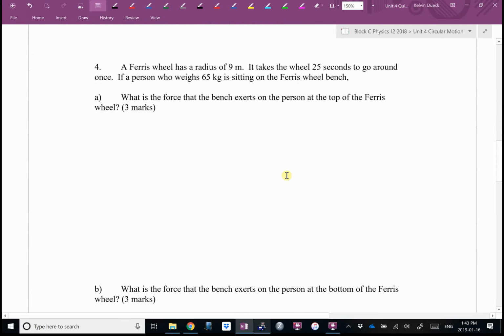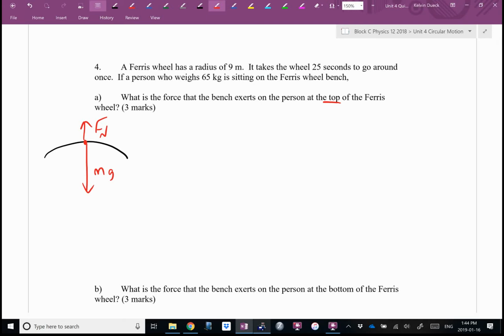Number 4, a Ferris wheel. We're on the top. So at the top of the Ferris wheel, this is a job for a free body diagram. I have gravity down, normal force up, because that's which way my head is pointing. Why did I draw the normal force smaller than mg?